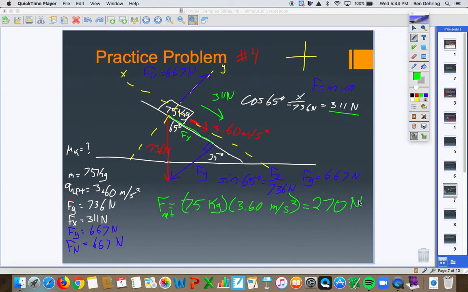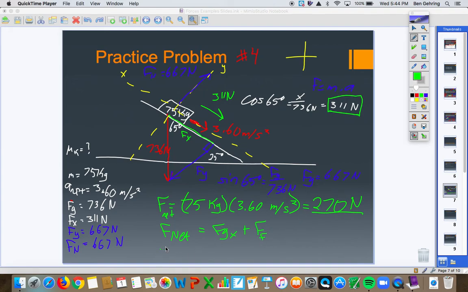Well, that's a problem, because I have 311 from gravity, but I have a net force of 270. That means my net force has to be equal to all my forces added together. So this is equal to the F of G in the x direction plus your force due to friction.